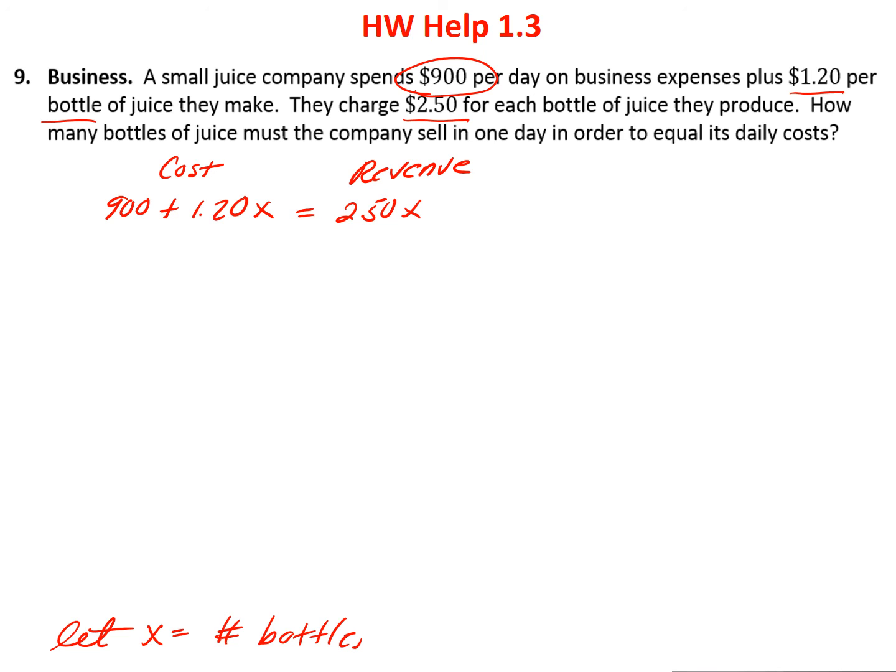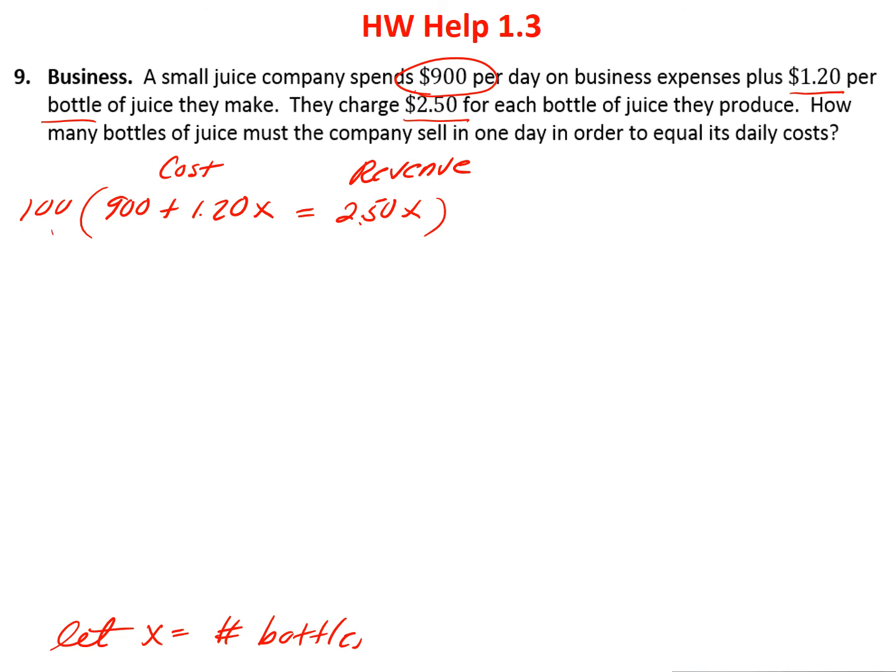Now, in this case, you could do this just directly if you don't have a problem with decimals. If you don't like decimals, this is 1 and 20 hundredths, this is 2 and 50 hundredths. So if I multiply everything by 100, I can do that by the multiplication property of equality, and I'll get rid of the decimals.